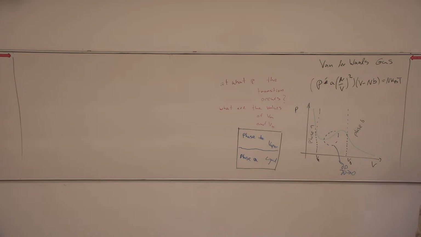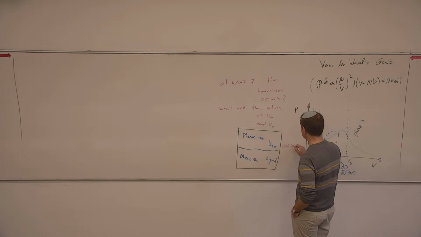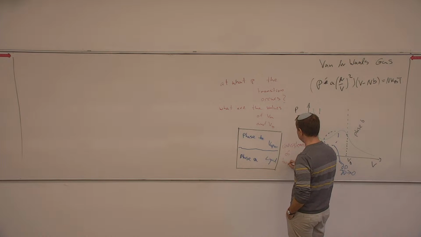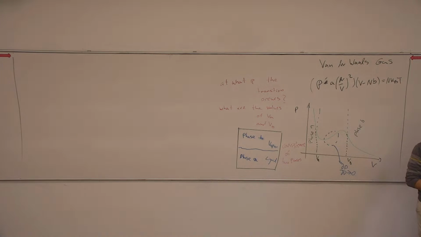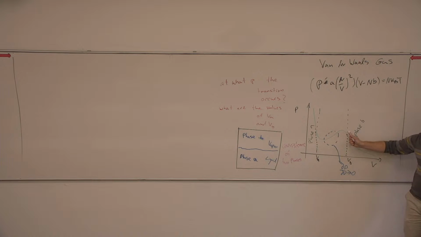So this is a coexistence of two phases. Moreover, I assume that this coexistence of two phases is some sort of an equilibrium, and it's not happening over here. It's some point that connects the two phases from over here and over here.